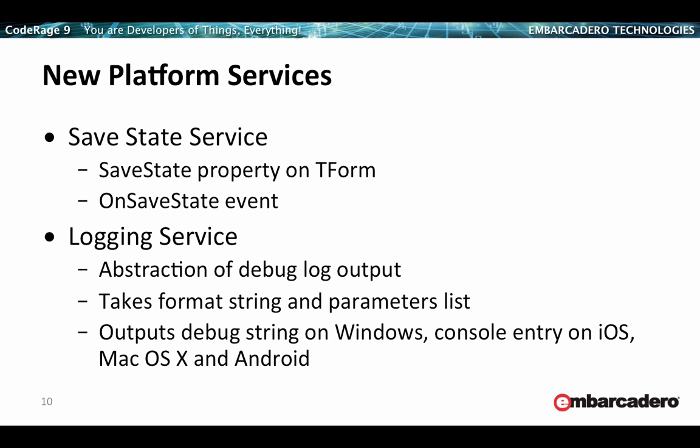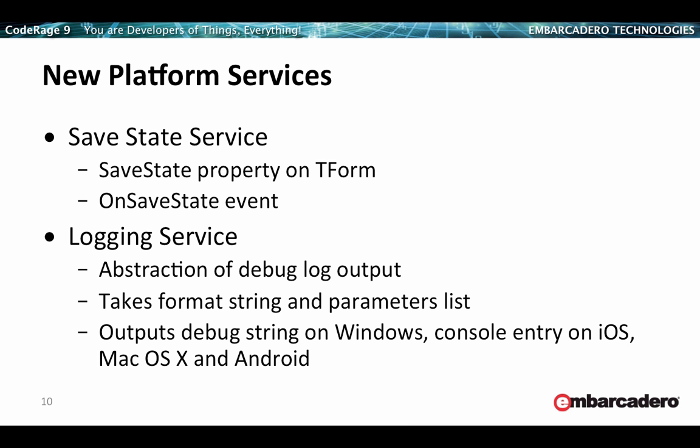On iOS and macOS 10, it writes it to the console, so you can use the console applications to see the debug output. On Android, it writes it to the system log that you can view via ADB. This is really creating a service out of some functionality that we've used internally for a number of years.